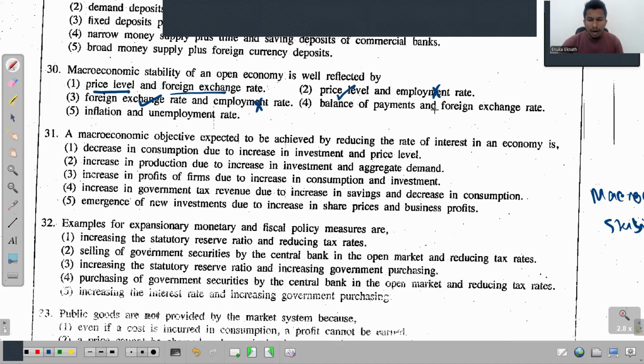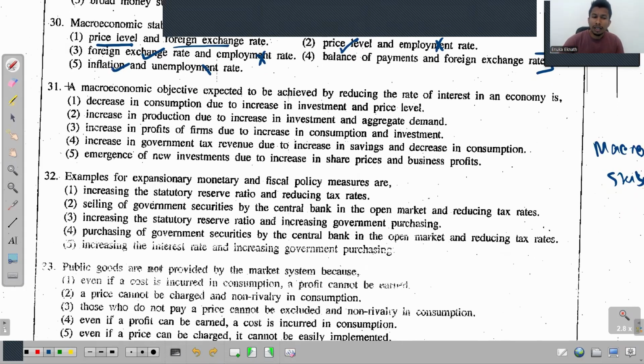That is wrong. Balance of payment and foreign exchange rate, this talks about the external stability only. And the fifth one, price level and inflation. This is somewhat true, but not this second part. So for question 30, the first one is the answer.